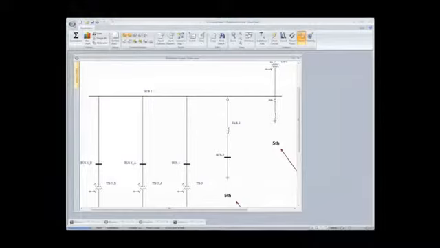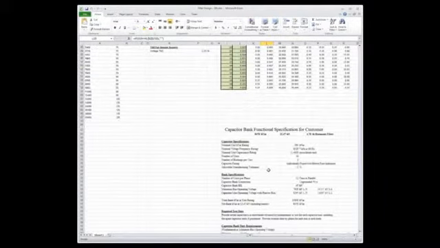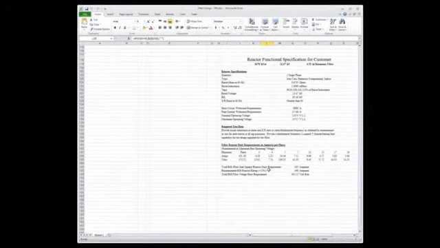So if we go back to this spreadsheet, you notice down here for the reactor functional specification, I didn't list just fifth harmonic flowing into this reactor.